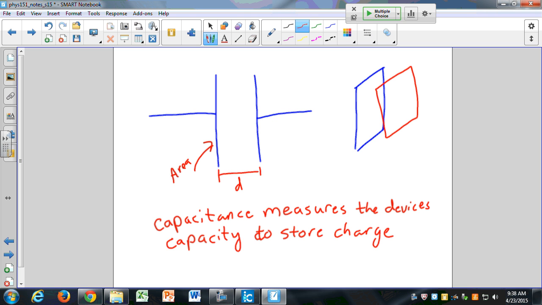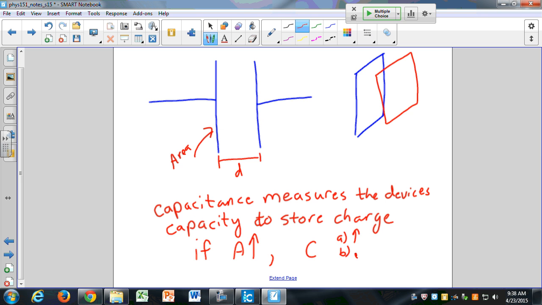All right, I want to ask you some questions. If A is bigger, so if A goes up, what happens to the capacitance? Does the capacitance A go up, B go down, or C, does it stay the same? If I make the area of these plates bigger, will it be able to store more charge?